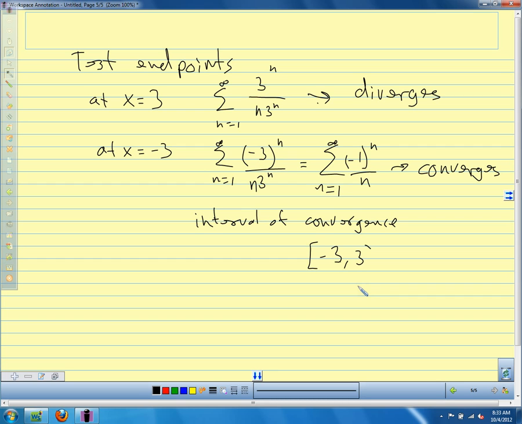Power series are differentiable and continuous on their interval of convergence.